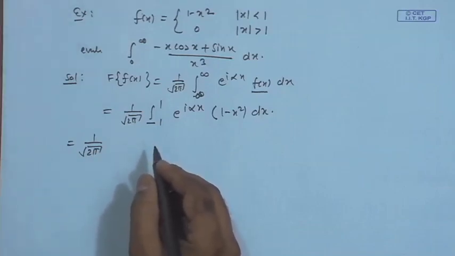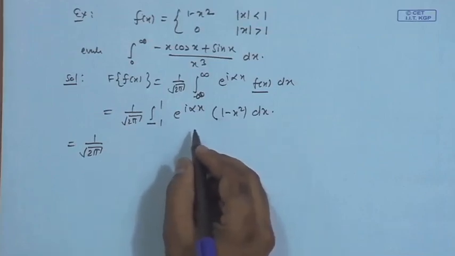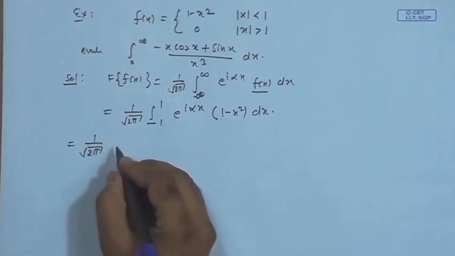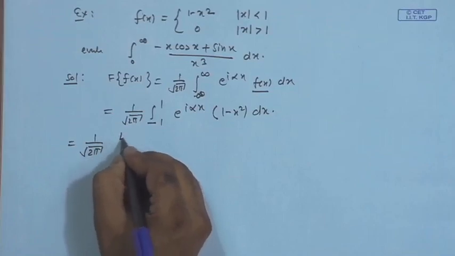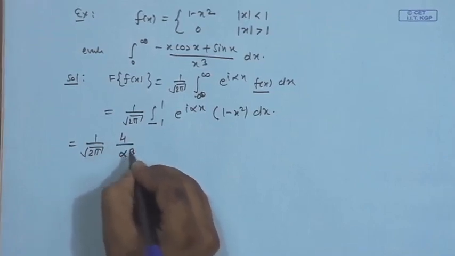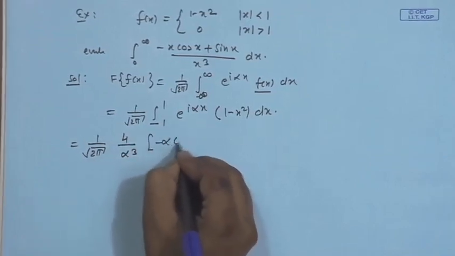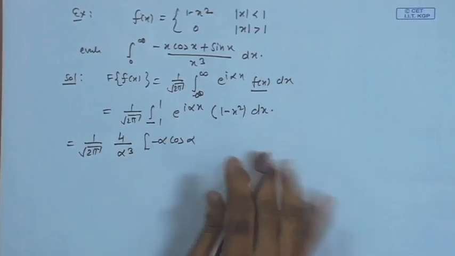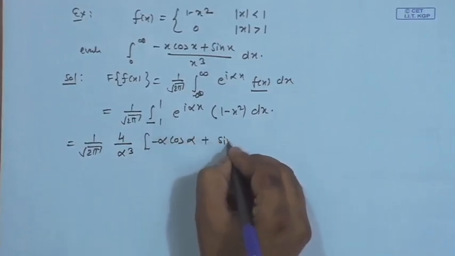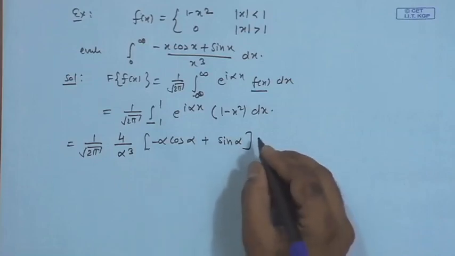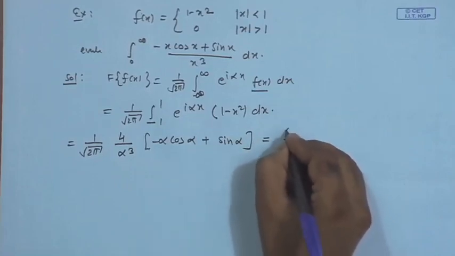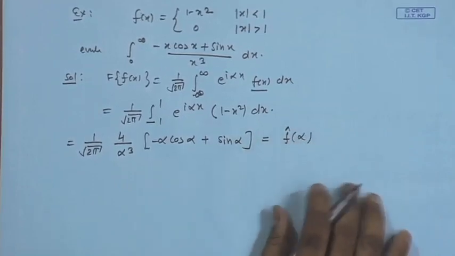This we can integrate, and I am writing just directly the value. So we will get 4 over alpha cube times minus alpha cos alpha plus sine alpha, and this is f hat alpha.